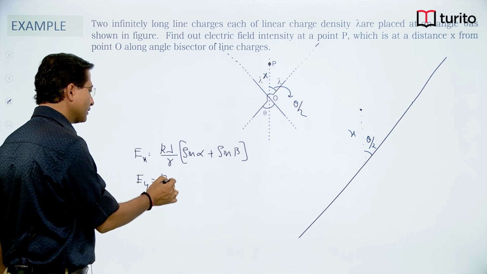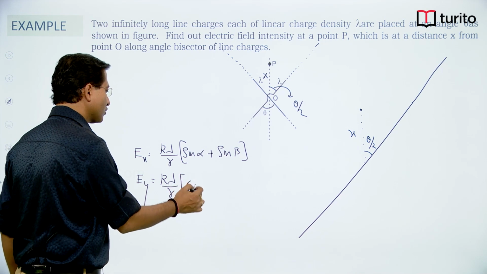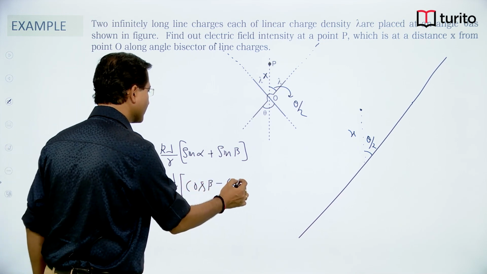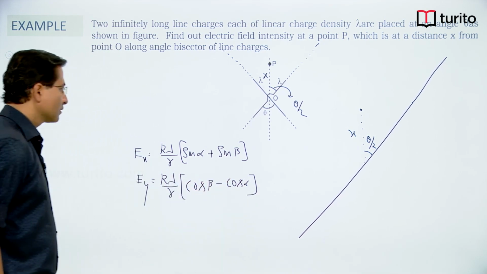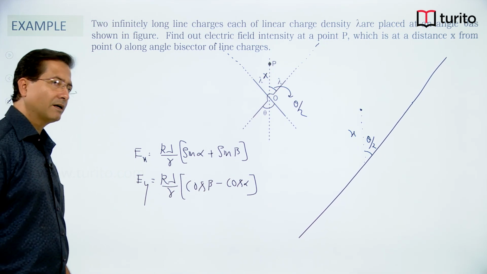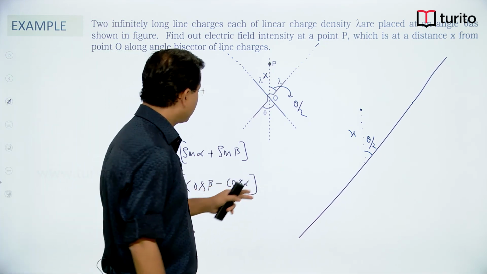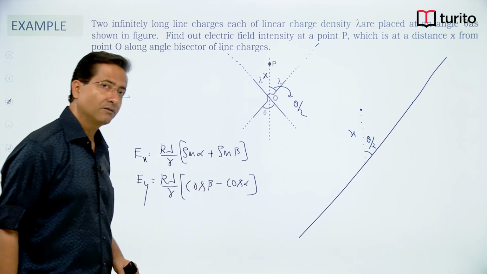This one will be the y component, k lambda divided by r, cos beta minus. So for a semi-infinite, sorry, for an infinite wire, that alpha and beta both are tending to infinity.